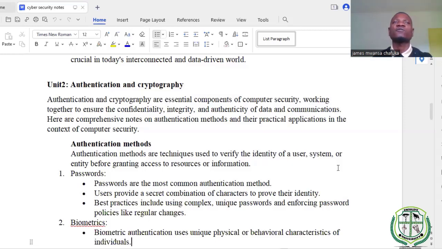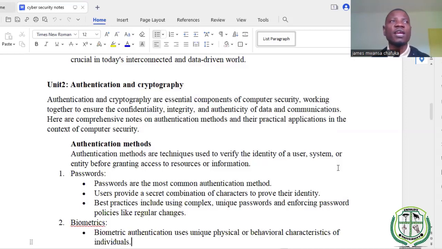So when you bring the aspect of authentication, it means that you need to verify the identity of the user. If you want to verify the identity of a user, you use authentication, which is very much important.